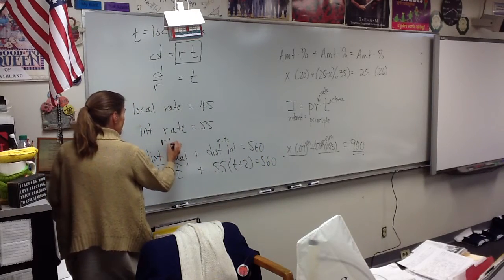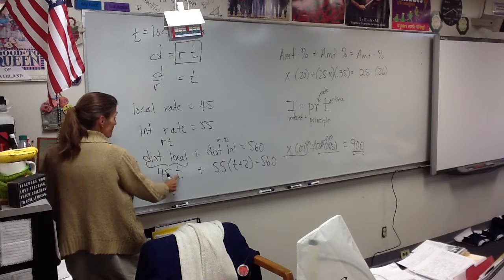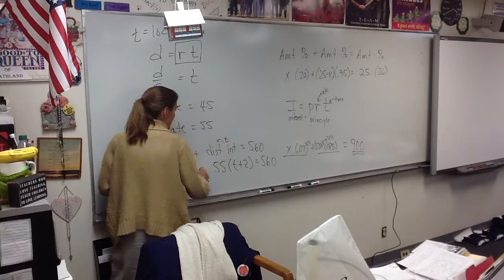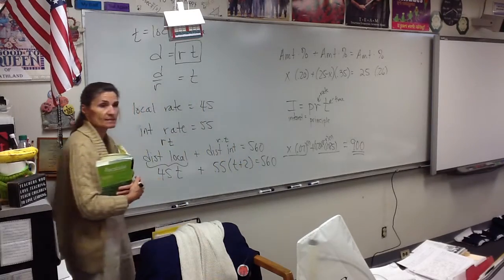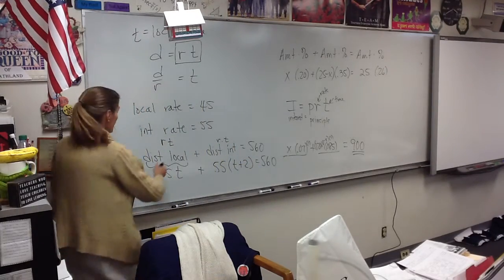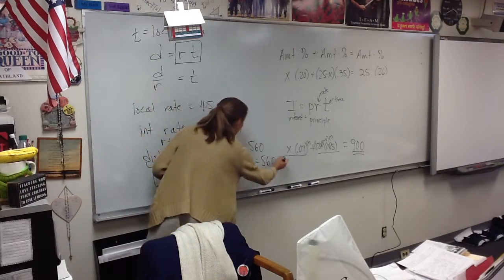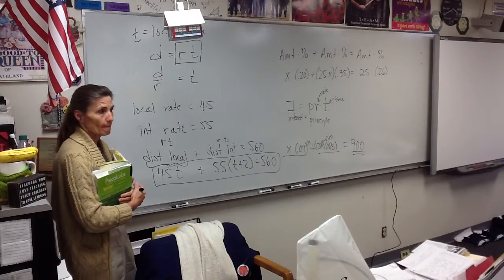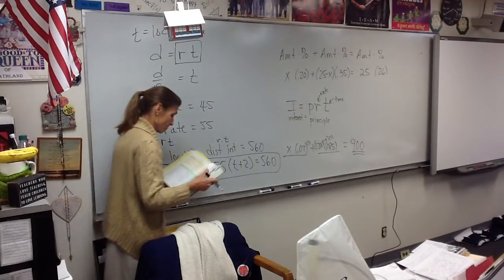Distance is rate times time. So we take the rate times the time on the local, the rate times the time on the interstate, and that has to add up to 560. Would you agree with that? So I think that is a nice little equation to use for that problem. And then you can solve it.